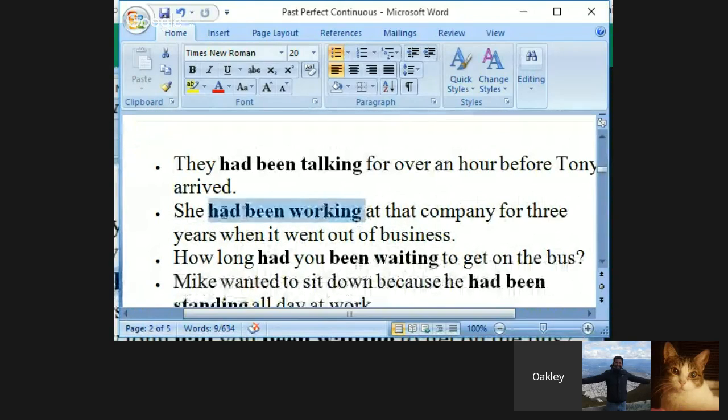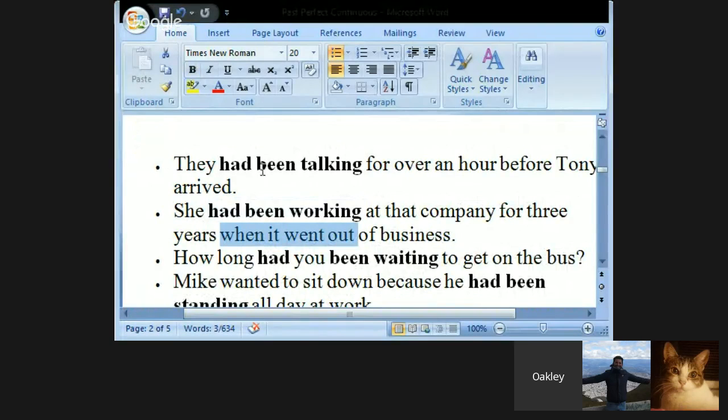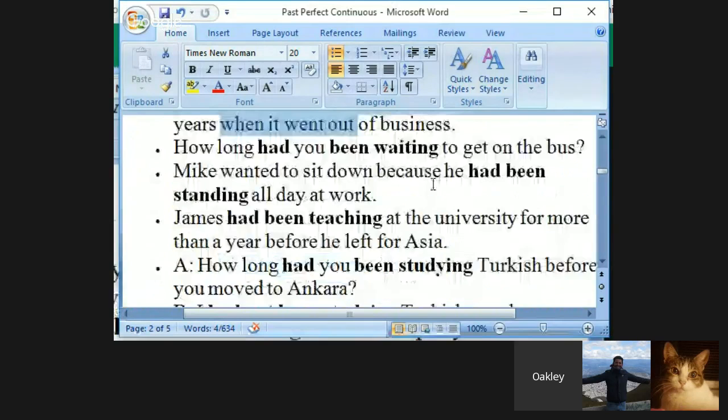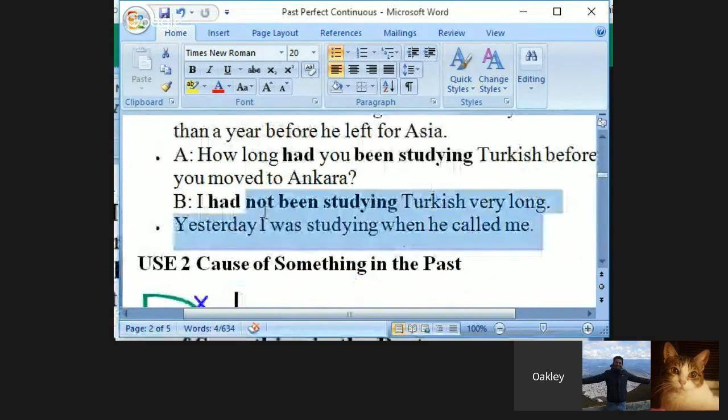All right. She'd been working at the company when it went out of business. There's no way it can continue. He had been talking for over an hour. The difference is when you use just regular past continuous to show an interrupting action, you're emphasizing the fact that you were interrupted. When you use past perfect continuous, you're basically saying you're done and then something else happened, or you finished because something else happened.